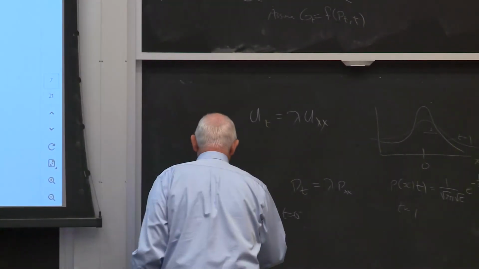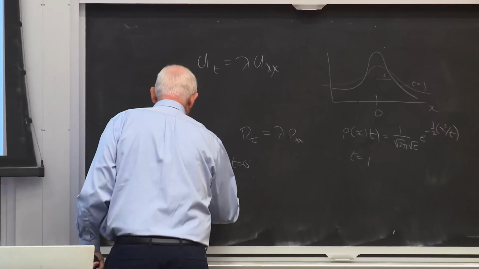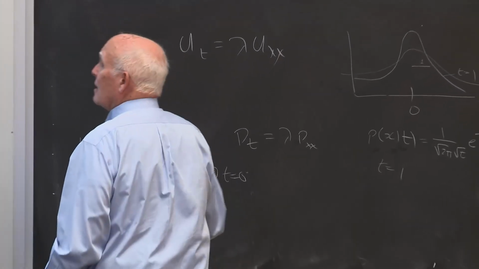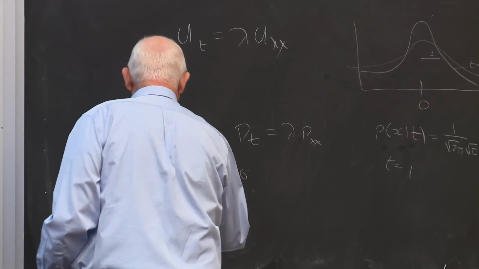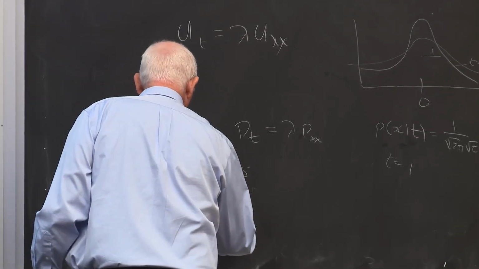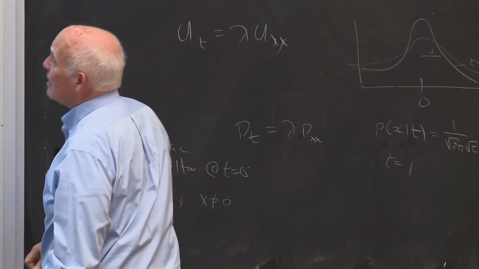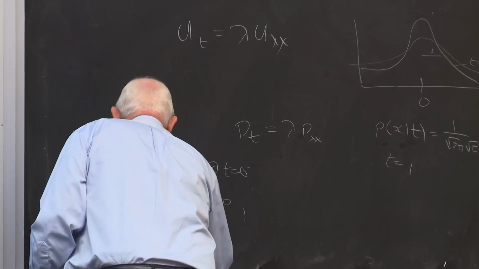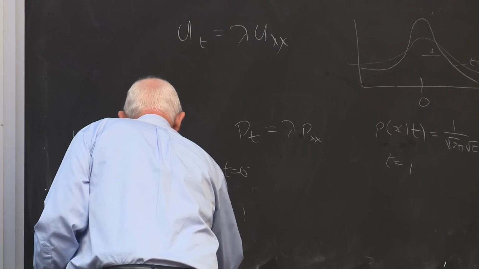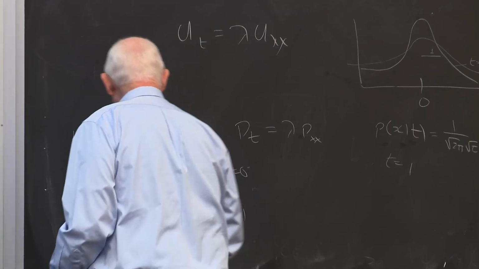So what's the Dirac delta function? It equals 0 for x not equal to 0, and the integral of u of x, 0 dx is equal to 1.